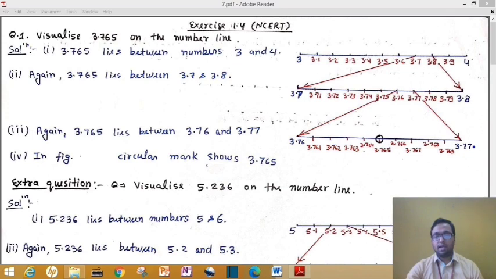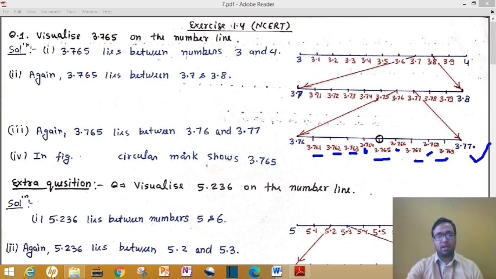So we will make 10 divisions between these two numbers. If this is 760, the first division will be 761, then 762, then 3.763, then 764, then 765, and so on: 766, 767, 768, 769, and 770.